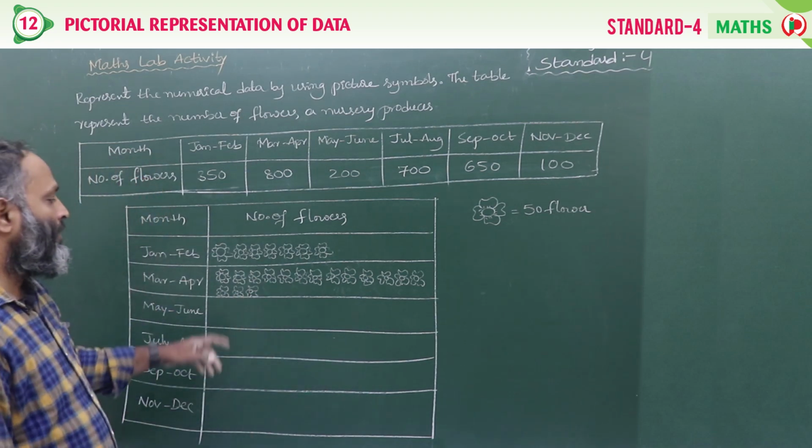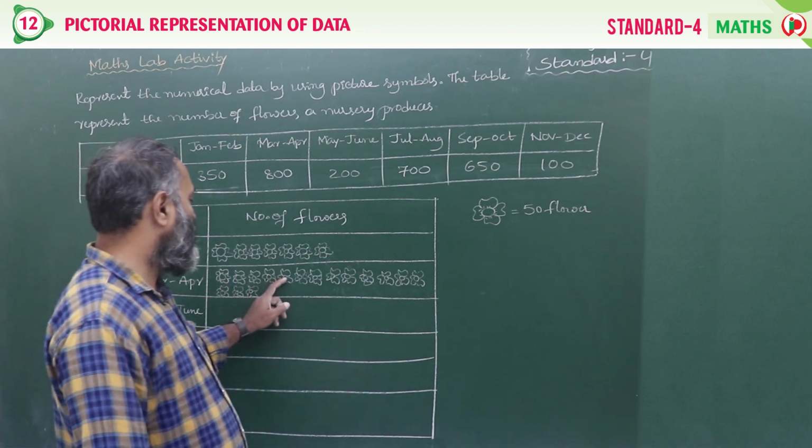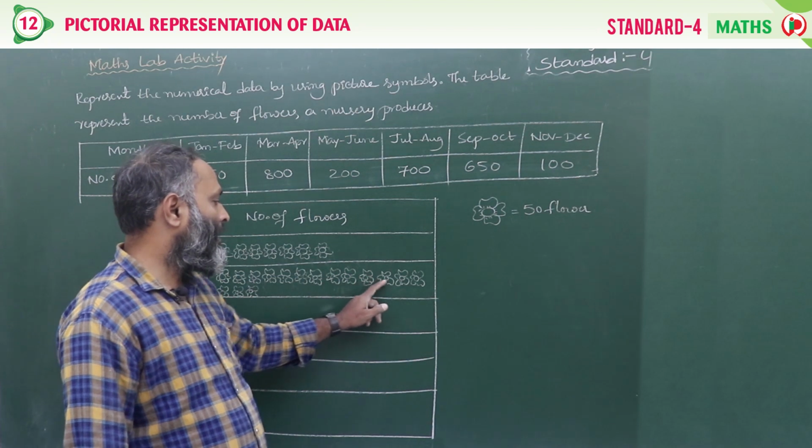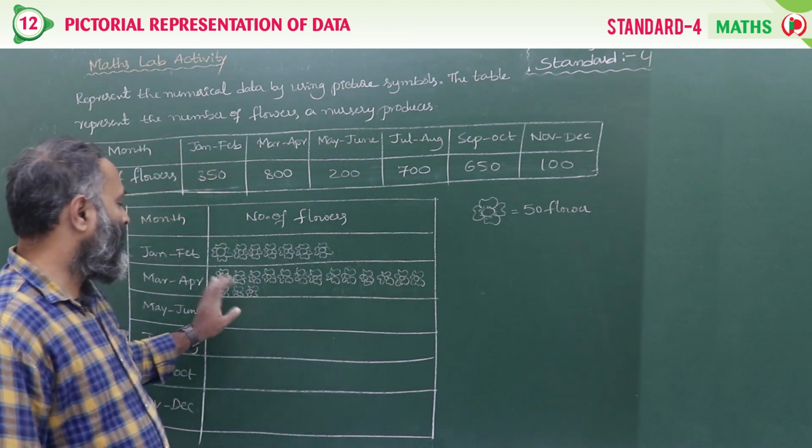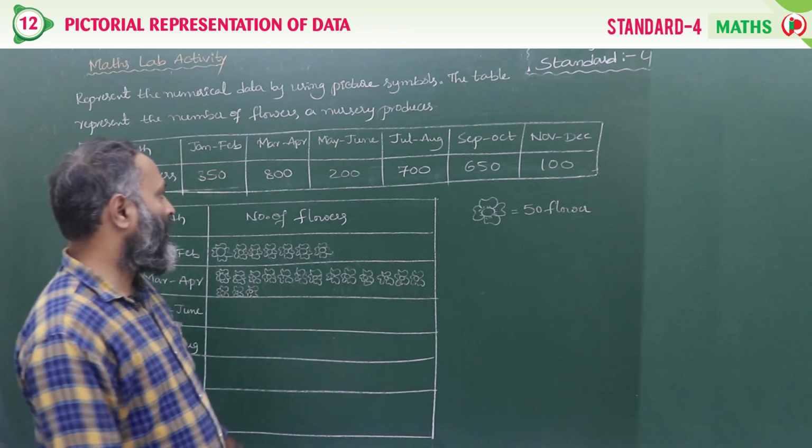Total 16 flowers we should draw. 1 to 16 flowers means 800.